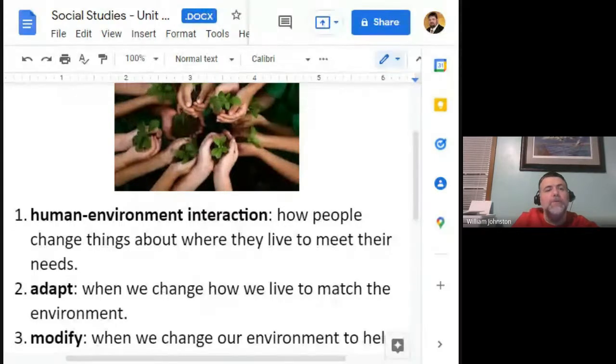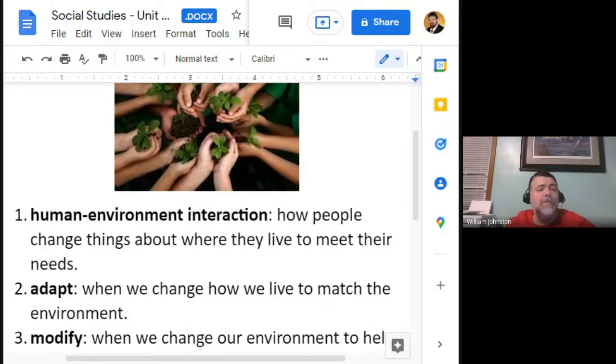And we're going to understand that we can adapt and modify our environment, and that through our interactions with the environment, our interactions will either have a positive or a negative impact on the environment.